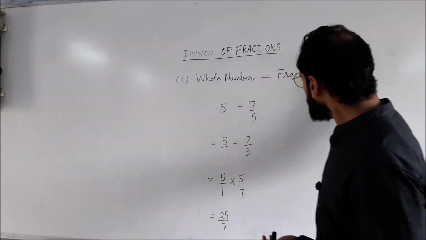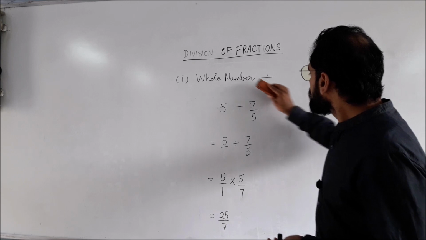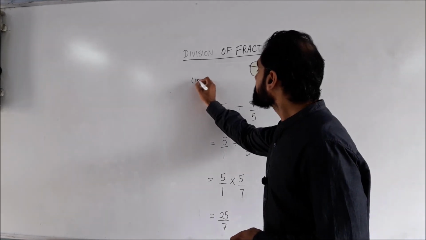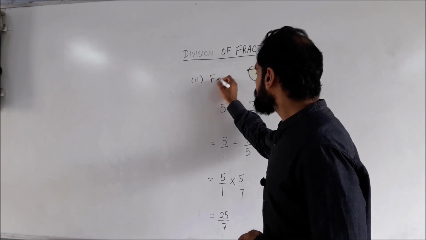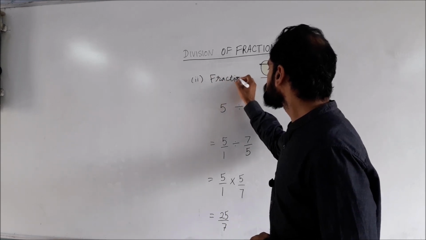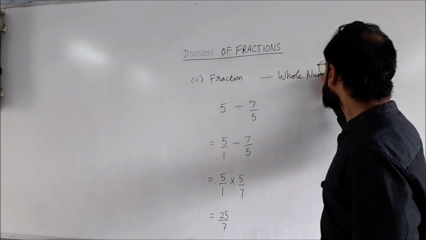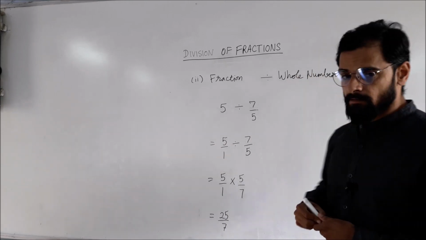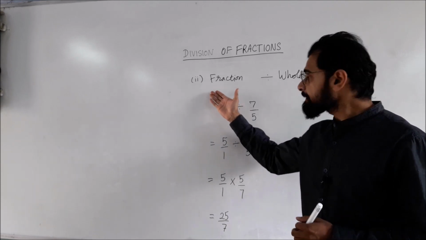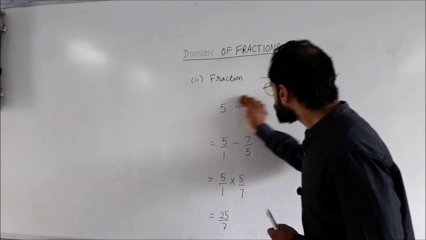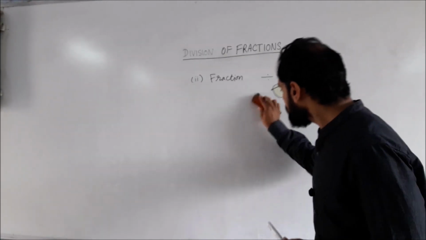Now next, let us see how we can divide a fraction with a whole number. That is, the dividend is a fraction and the divisor is a whole number. Let us take an example here.